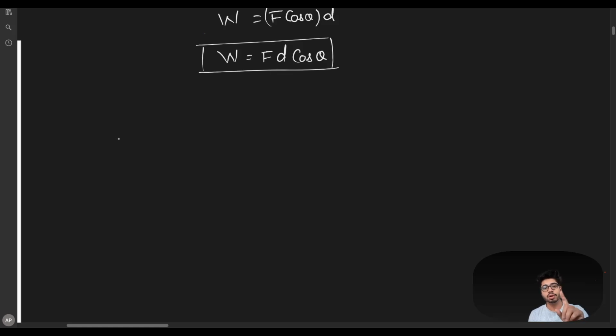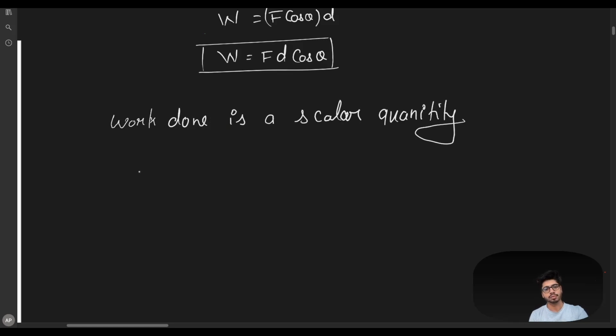Remember, work done is a scalar quantity. The unit is the same as the energy unit, because energy is the ability to do work. That unit is the joule, written with a capital J.